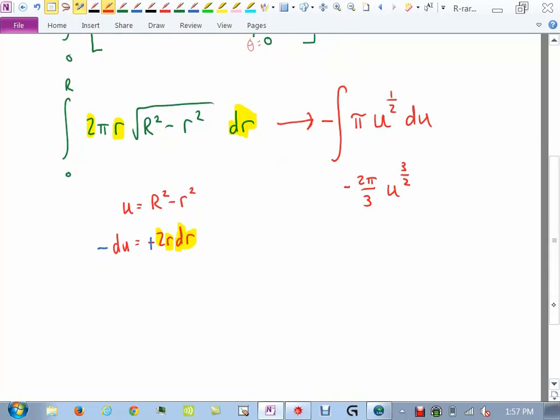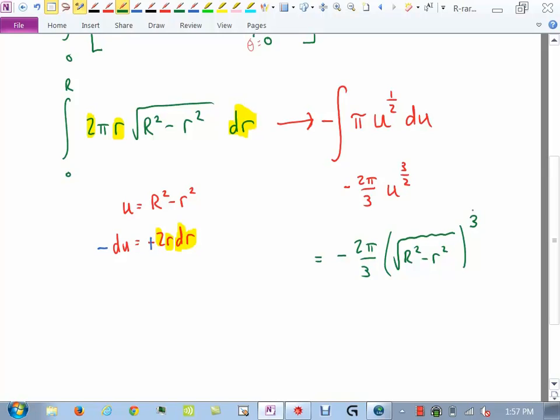But now switch back what was u, so this becomes negative 2 pi over 3 square root of capital R squared minus little r squared, what, cubed? Oh, yes. Well, no. Yes, it is. But that means square root cubed, right? Yeah.